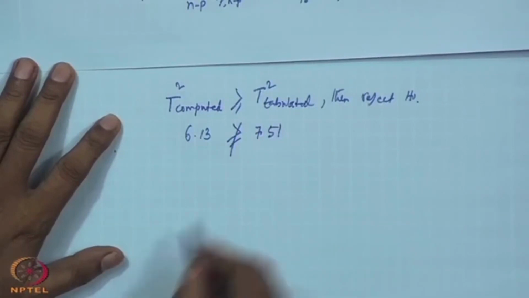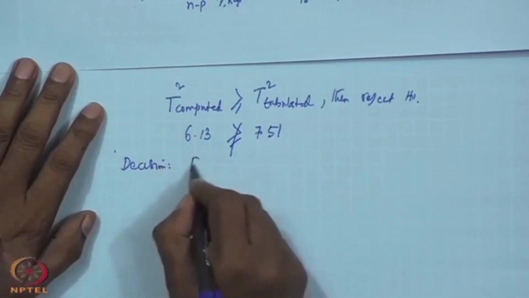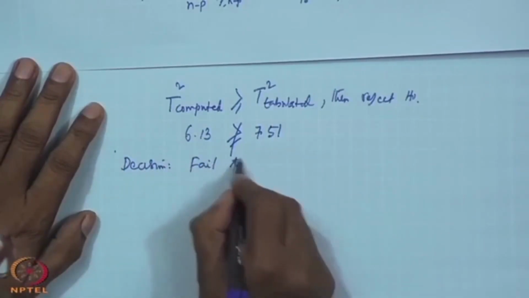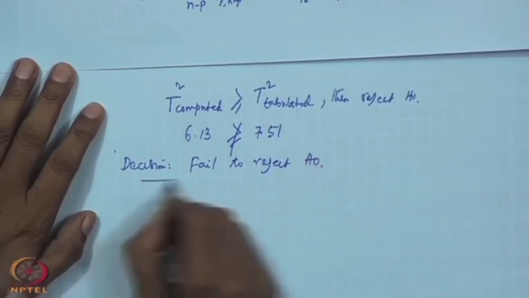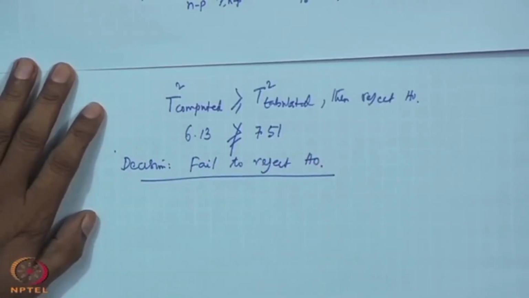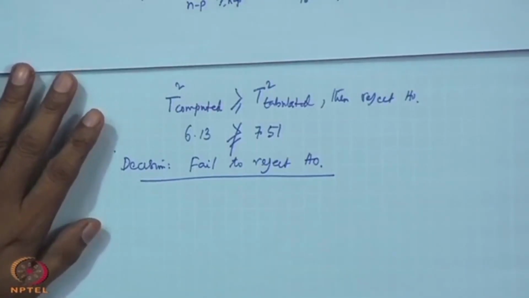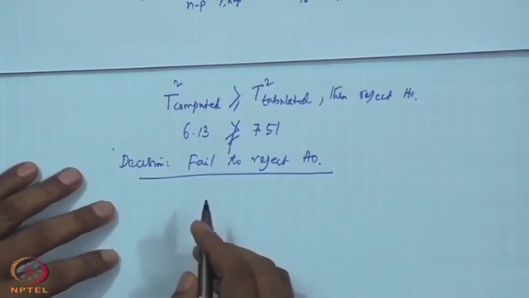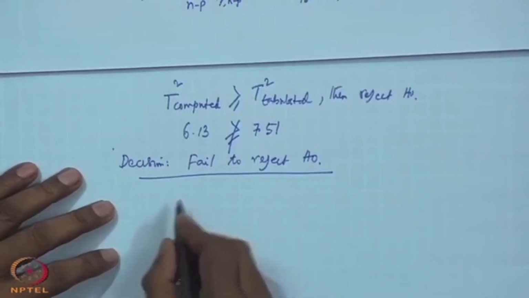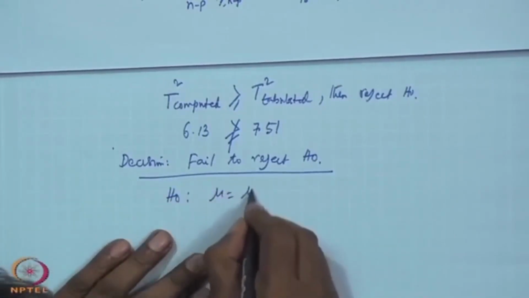No. So, our decision is fail to reject H0, fail to reject H0. Mu equal to mu 0. Your null hypothesis H0 is mu equal to mu 0.